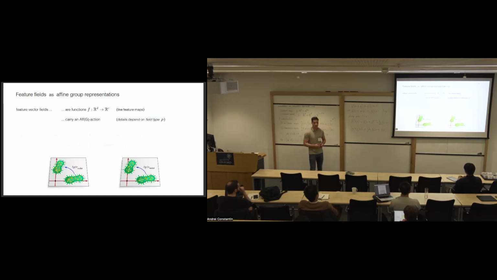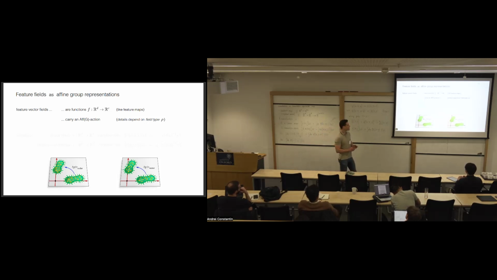And now again, we need to come up with certain group transformations which act on our feature spaces. We are talking about something called feature vector fields. As functions, they are just like feature maps. So we have these functions here which assign a c-dimensional feature vector to each point of space, just like before. But the difference is that now we have an affine group action acting on them.